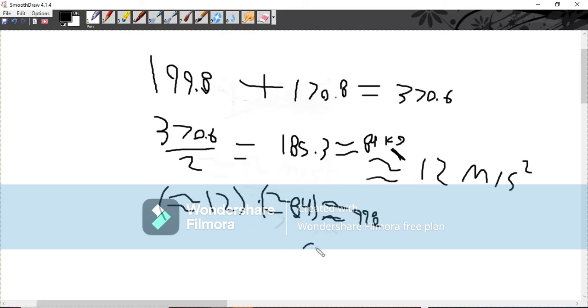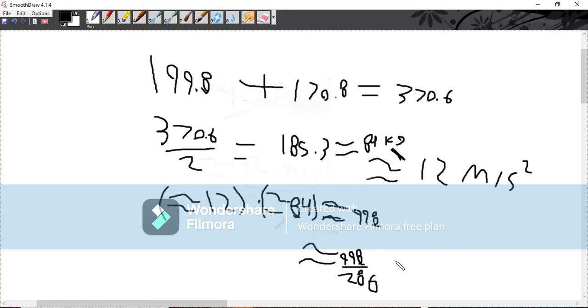So now our newtons are approximately 998. But to convert this into G-force, we need to divide this by 286. Because that is just normal newtons, but to make it into G-force, it's 286.